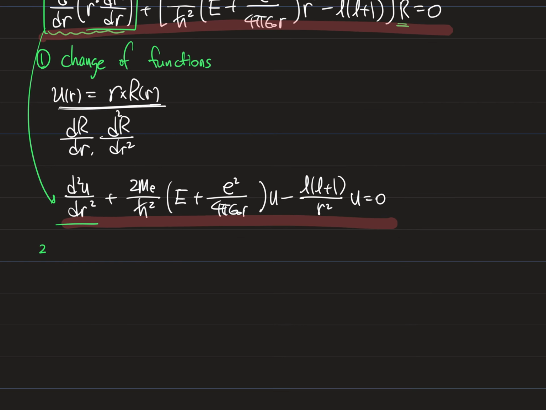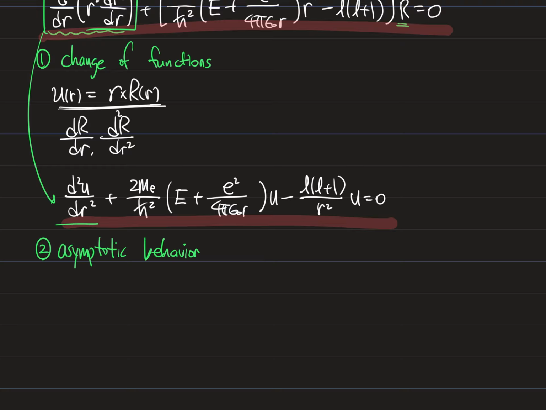Okay, now we are going to examine the asymptotic behavior. When you try to solve a very complex differential equation, one way to approach the problem is to examine both ends. You want to know the function form when r is very, very small or when r is very, very large.